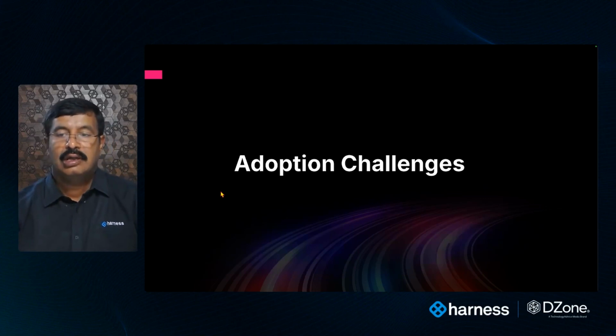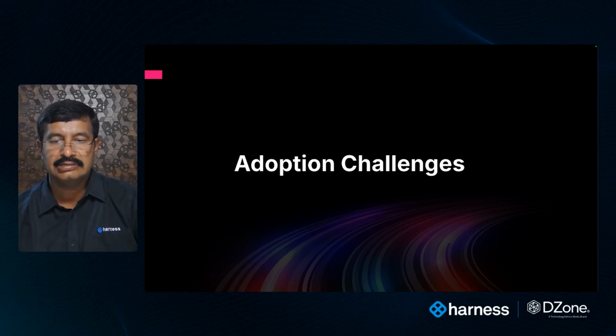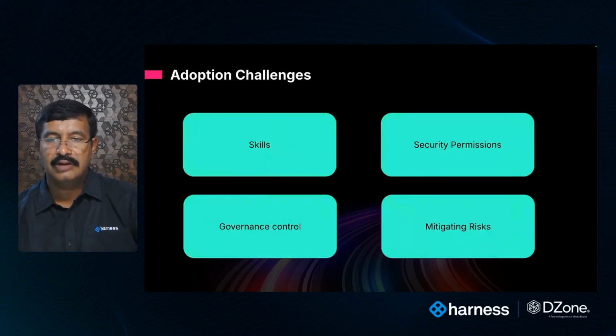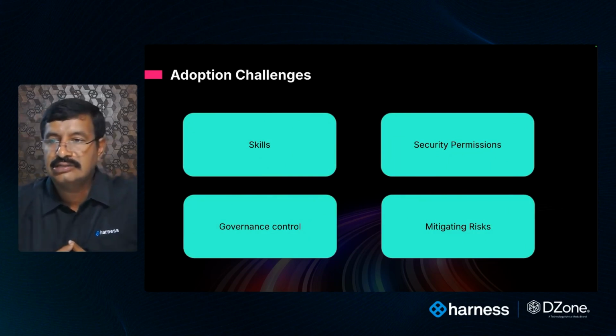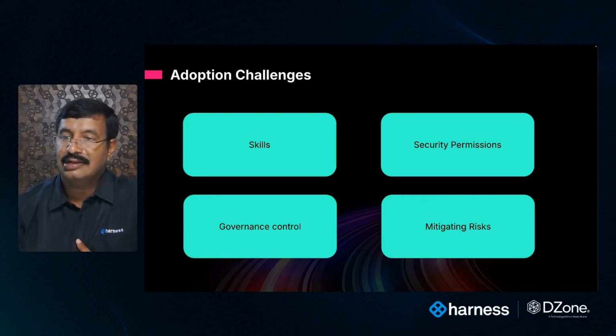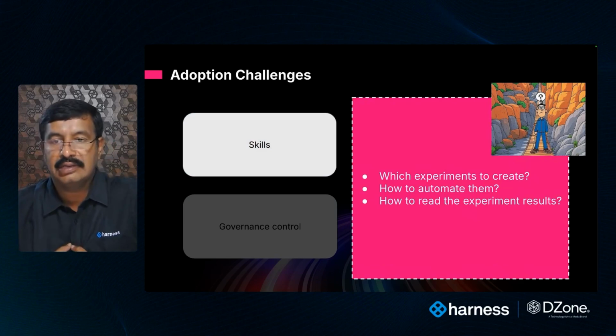Now, let's talk about, if some organization wants to adopt chaos engineering, they've chosen a tool, and there is sponsorship, how to go about and scale it up. The adoption challenges are of four folds, and today we'll talk about security permissions in this session, right? So skills is really about, because it is a new cultural thing, a niche technology, having people with good chaos experimentation creation skills is a challenge, right?